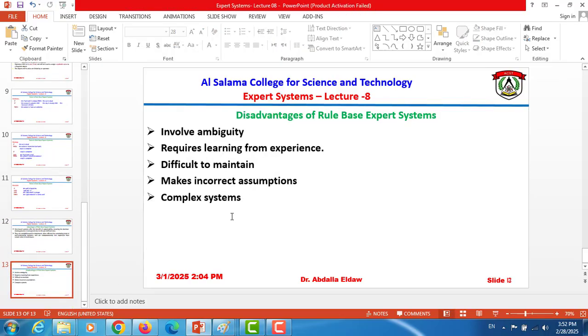Last slide. Disadvantages of rule-based expert systems include ambiguity. It is sometimes not clear, and it requires learning from experience.